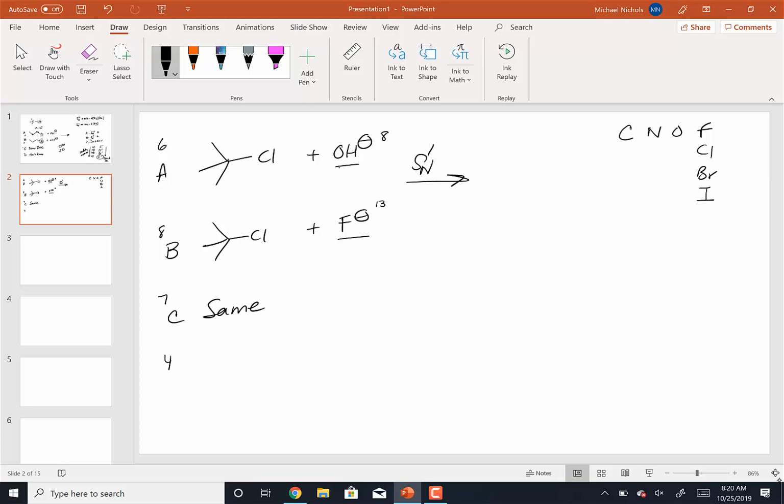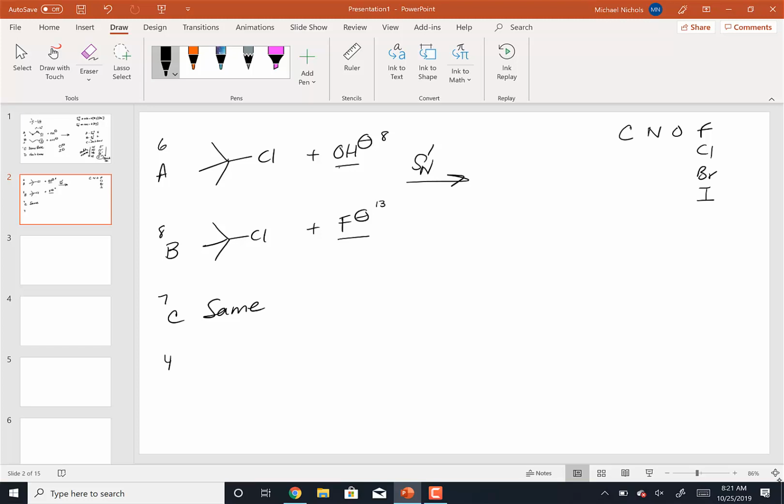If the relationship is vertical, what determines nucleophilicity? Polarizability, if it's vertical. If it's horizontal, what determines nucleophilicity? Basicity, stronger base, stronger nucleophile.